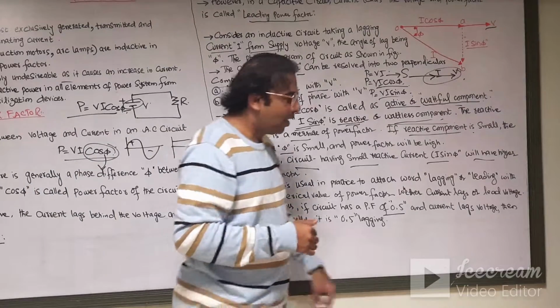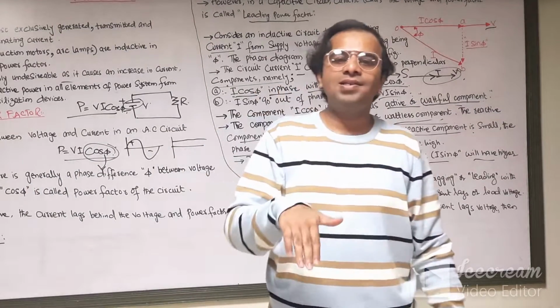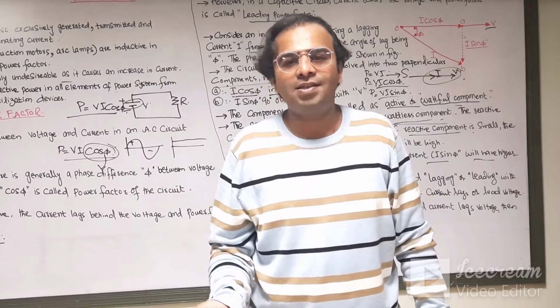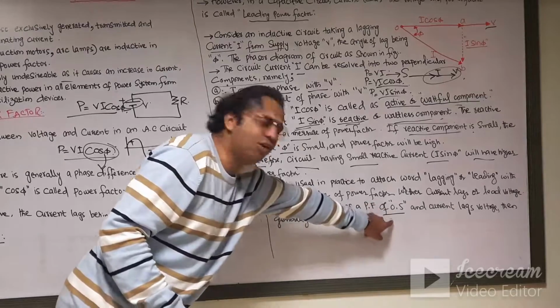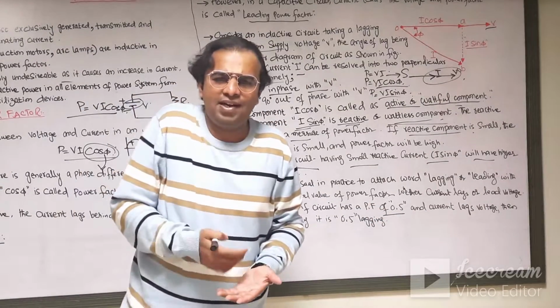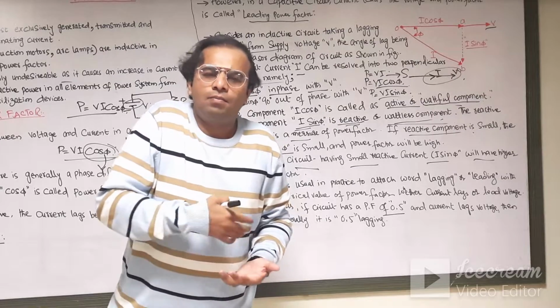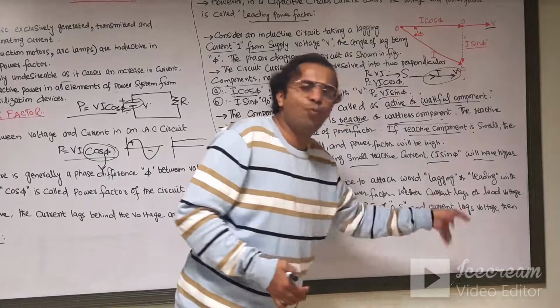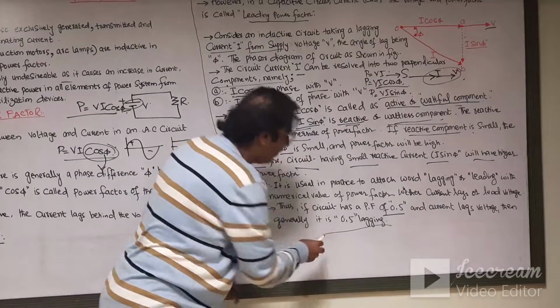Sometimes the power factor is represented in terms of percentage, and sometimes in terms of a numerical value, like 0.5. If the circuit is inductive, it will be a lagging power factor, so 0.5 lagging.